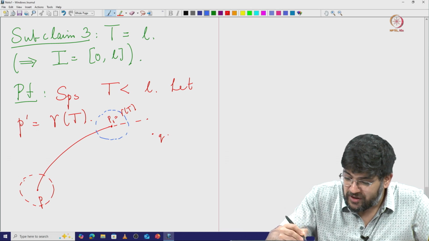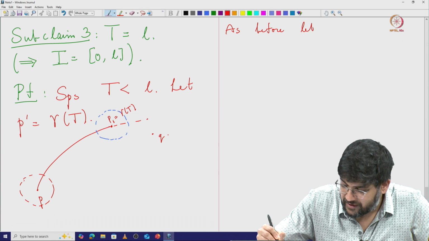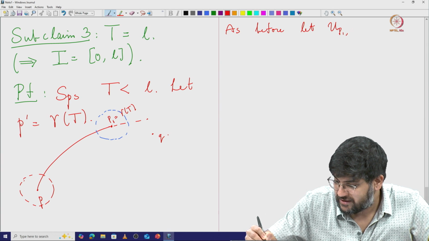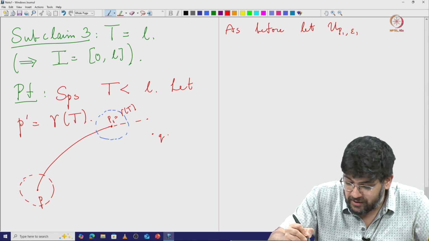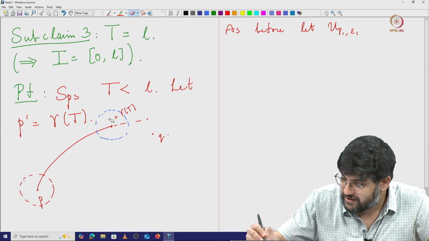So as before, this is P prime, let me fix the notation.